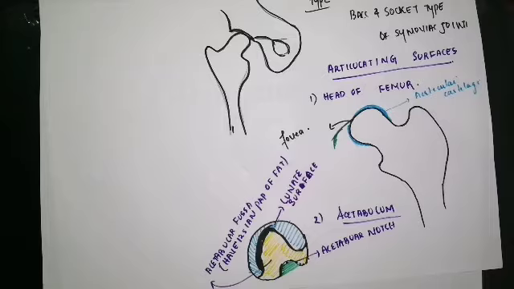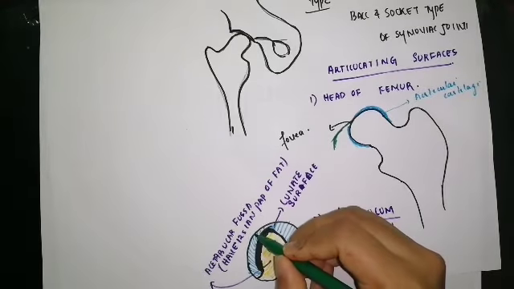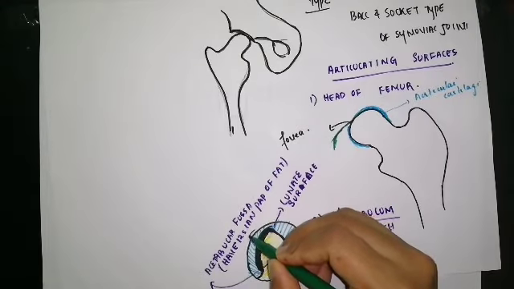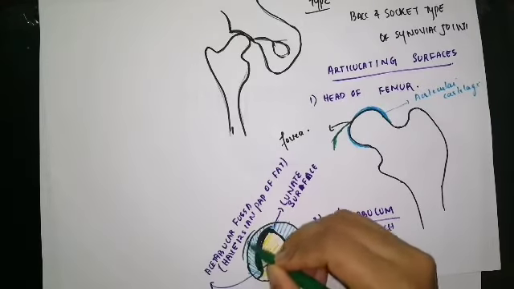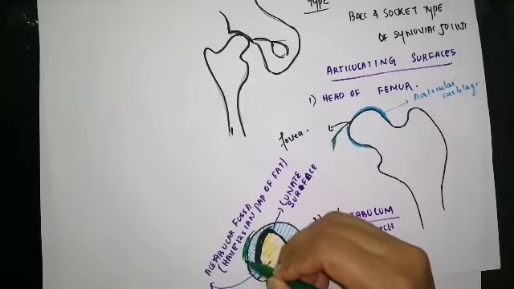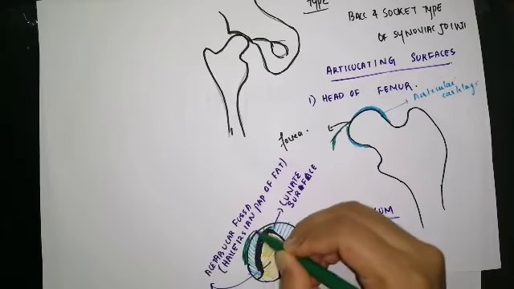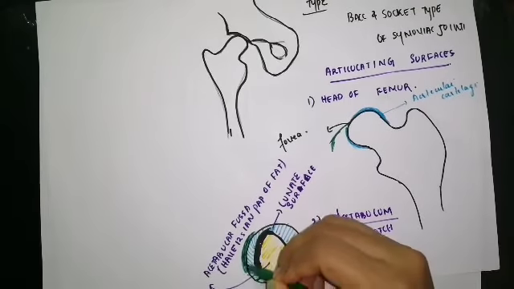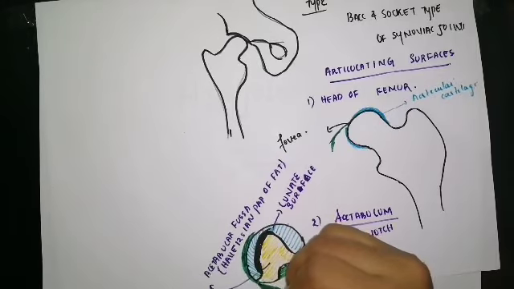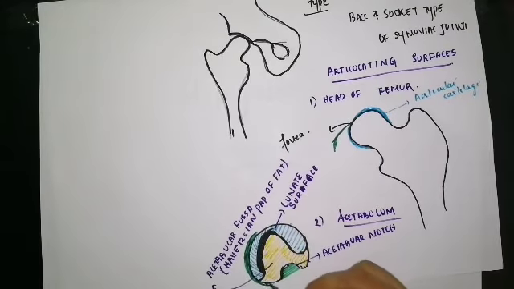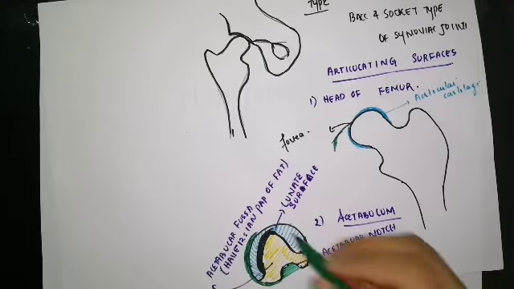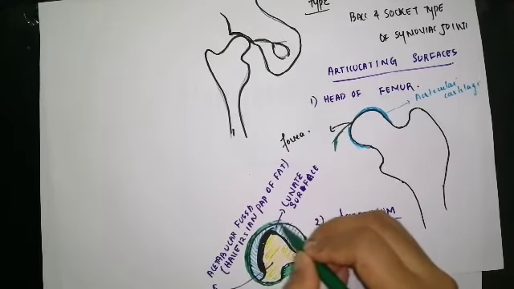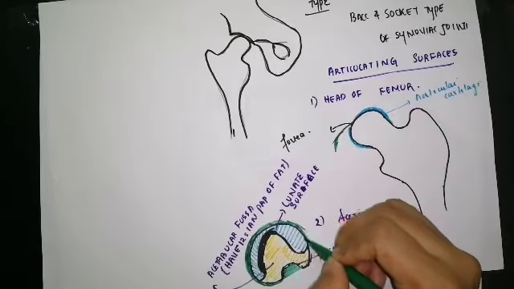Now you have an important part here that is attached to the margins of the acetabulum: the acetabular labrum. The acetabular labrum is attached to the margins of the acetabulum like this, and it is attached to the two ends of the transverse acetabular ligament also. So it is like this.